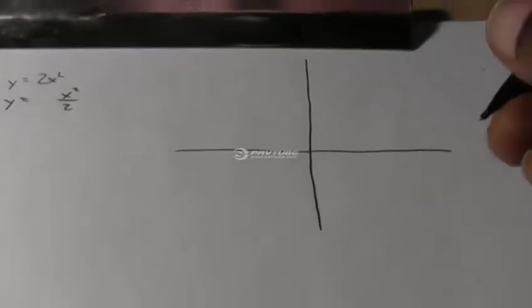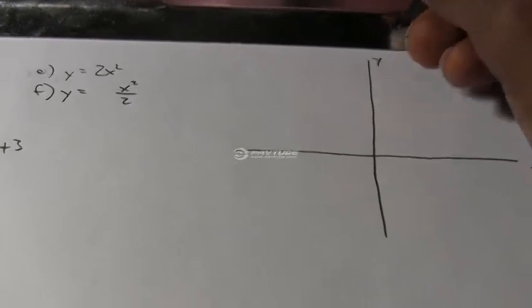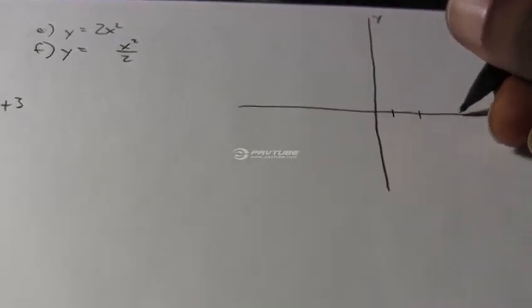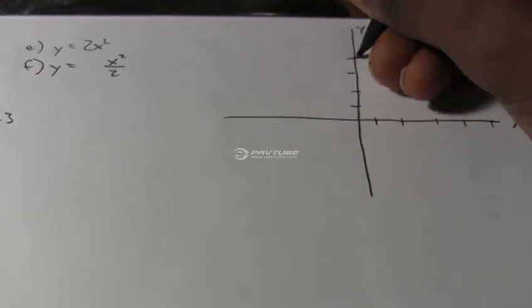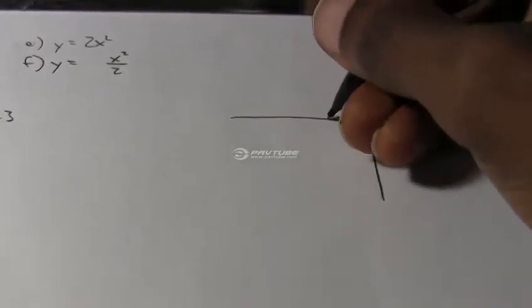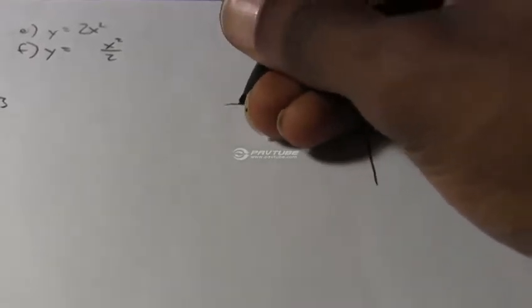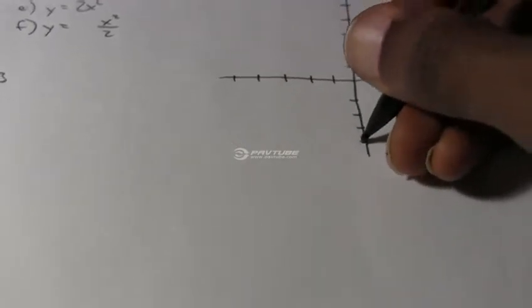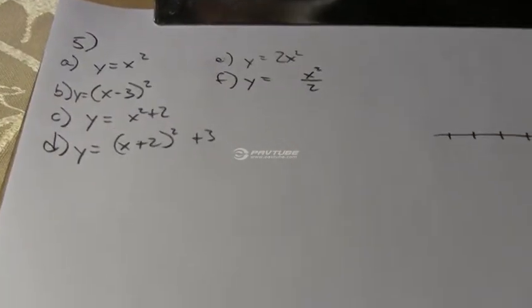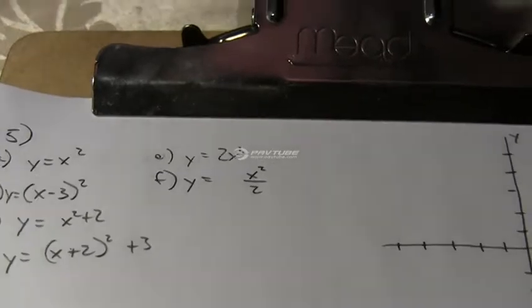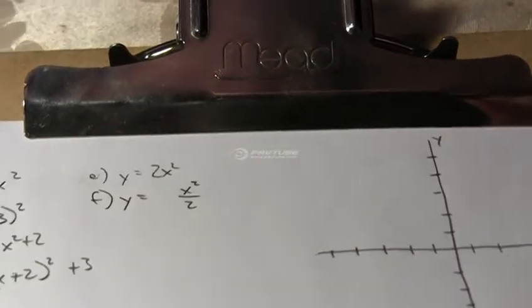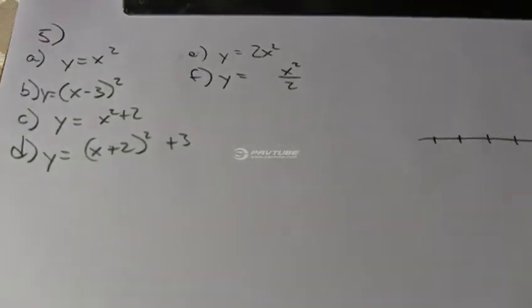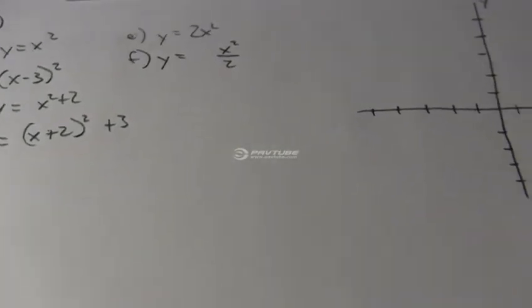So, same concept, x, y. We'll put our notches in just to help us get the right scale. And obviously I'm not measuring these out, so they look kind of busted. But anyway, alright. y is equal to x squared. It's a quadratic, right? So we would expect it to not be linear, because we know linear ones are only to the 1 power, x to the 1, right?